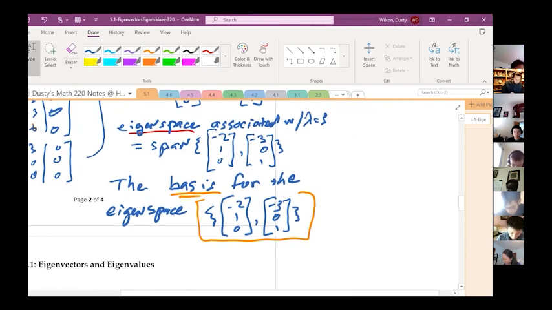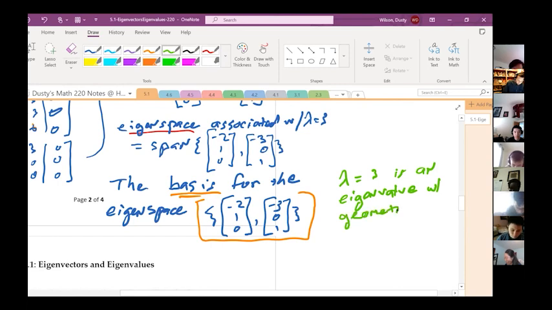So we say that the basis for the eigenspace is here, and so we would say that lambda equals 3 is an eigenvalue with geometric multiplicity of 2.